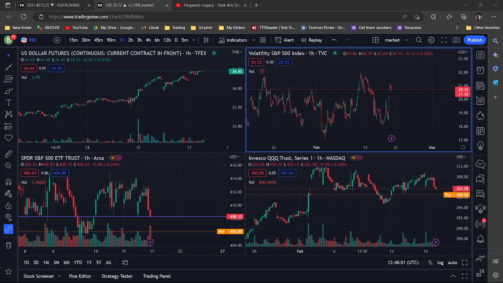We also have, let me erase this. And sometimes we also have these. It's an untested value area. Right.